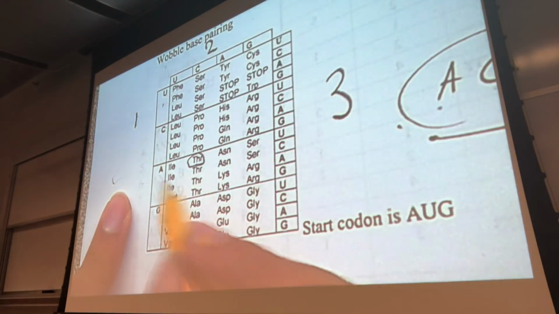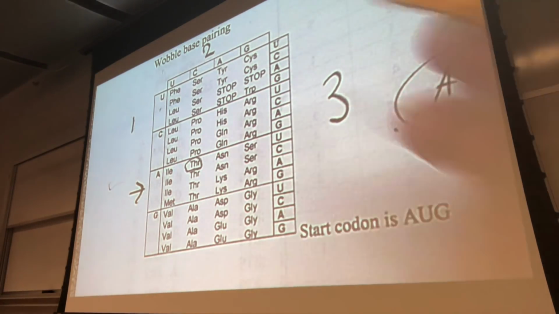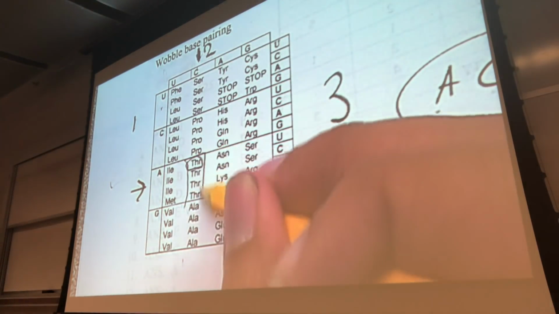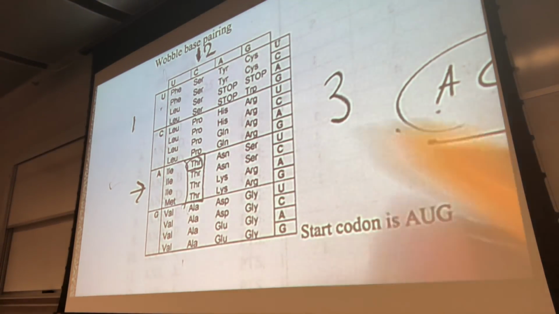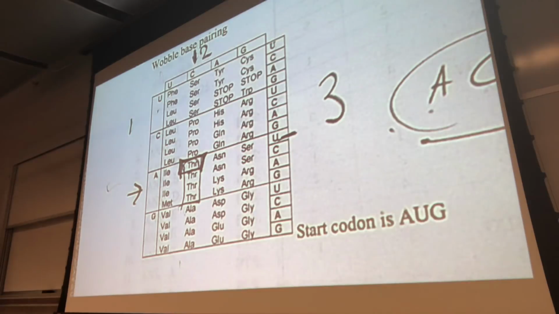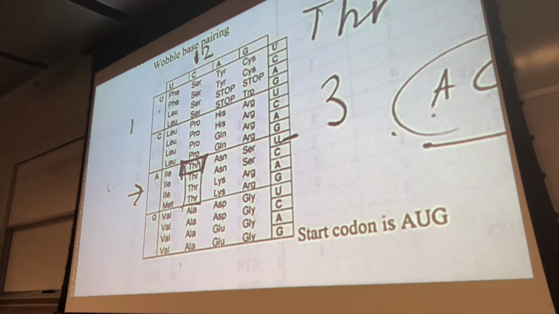Well, the first base is A, so I'm going to look in this region. The second base is C, so I'm going to look there. So I align those two together. And the third base is U, which is that one. So aligning those three components together tells me that ACU codes for threonine.